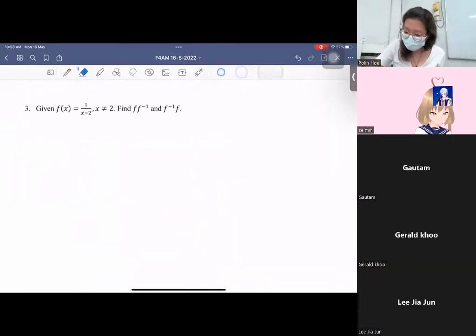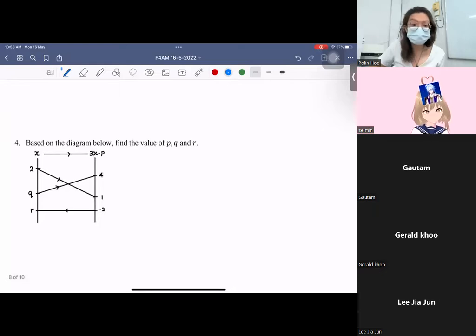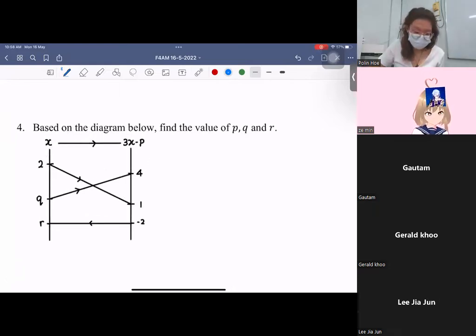The answer is x. Later, I will send you the PDF. And question 4 is actually composite function only. I have this inverse part only.